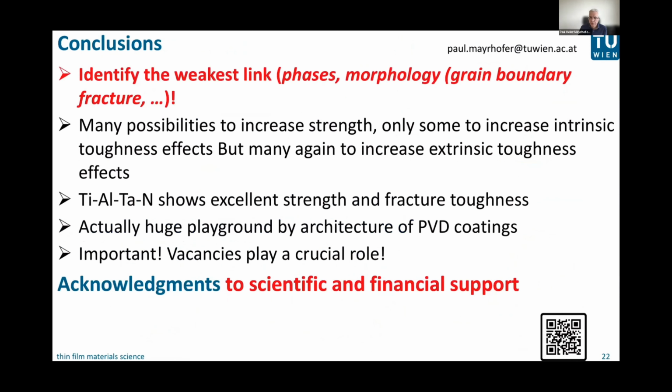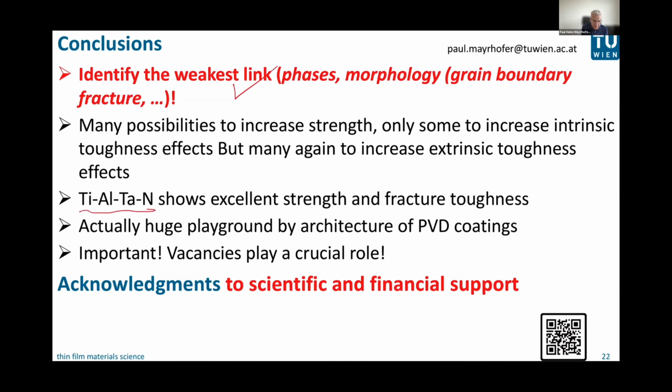What I wanted to show is if we need to modify the weakest link, we of course need to know what the weakest link is. Is it the phases? Is it the grain boundaries? Is it the general morphology? And then we need to tune it. We need to know what is the cause of cracking or of not so good properties, right?